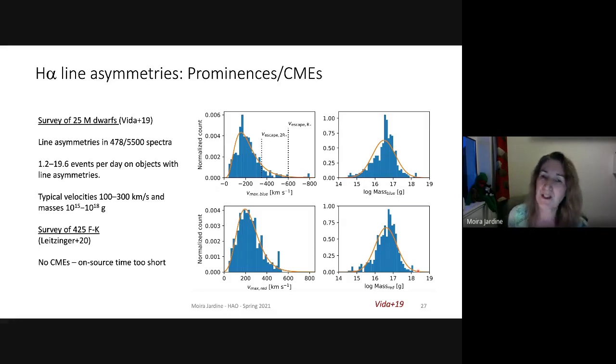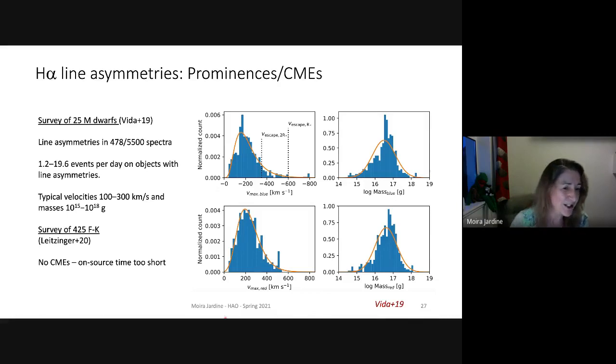Now, these velocities are typically below the surface escape velocity. And so these authors felt that in many cases this was not ejected material, it was material that was disturbed but not ejected. But in some cases, the velocities were indeed high enough that it was possible to interpret these as coronal mass ejections.